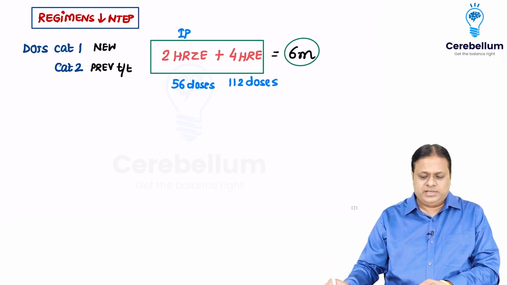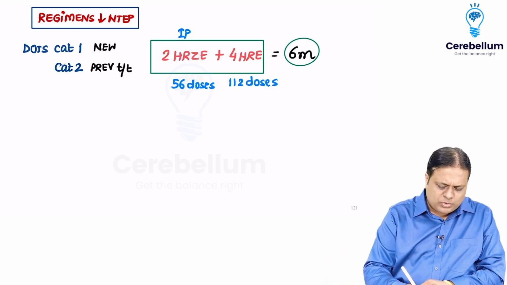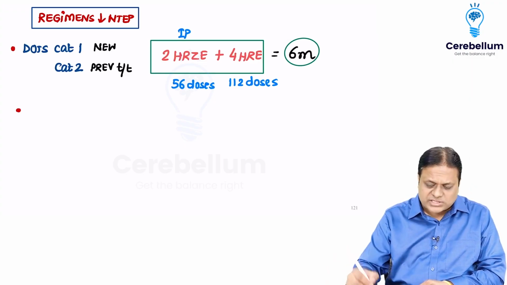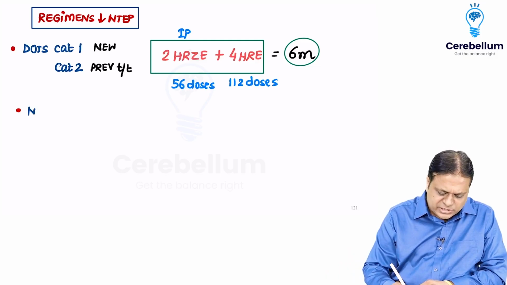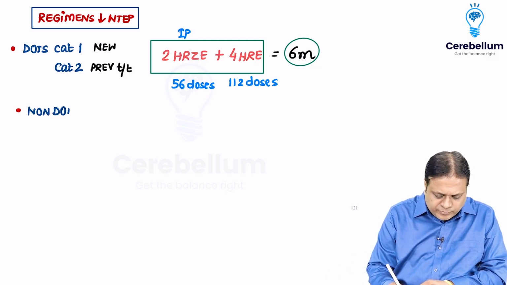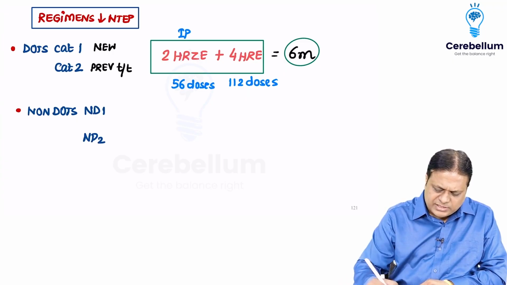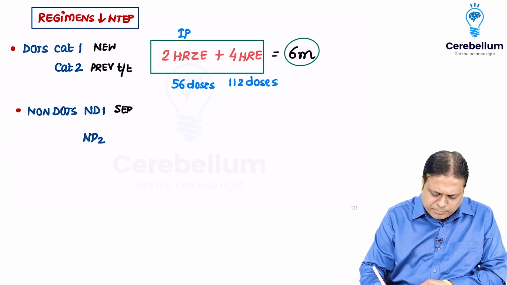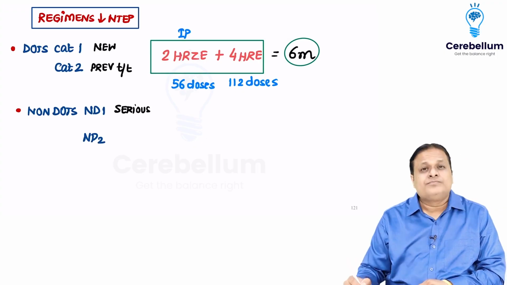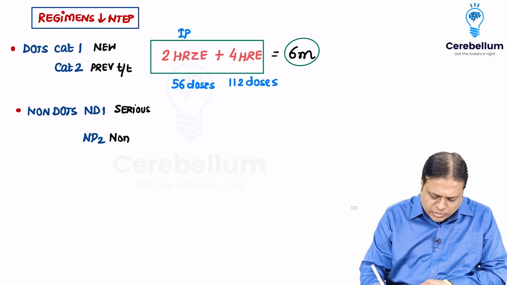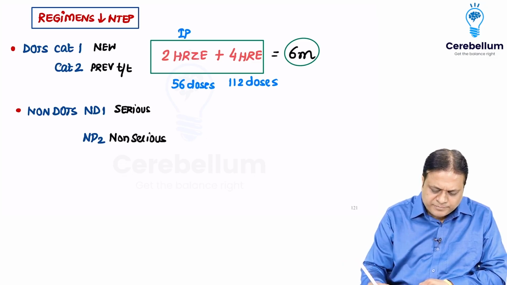for each patient. Patient is allowed to take medication back to his home if he cannot come to your center for medication. That is non-DOTS. Here also we have 2 categories, ND1, ND2. ND1 is for seriously ill patients. Usually they are extrapulmonary. ND2 is for non-seriously ill patient.